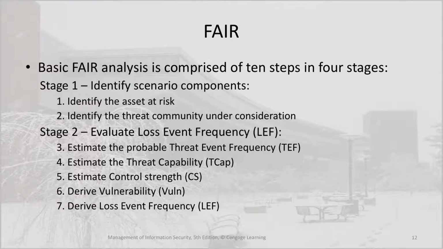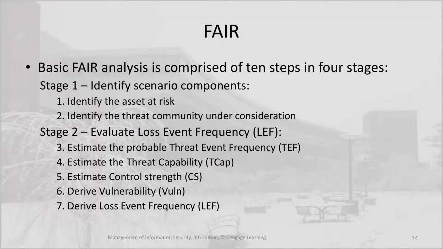Basic FAIR analysis is comprised of 10 steps and 4 stages. In stage 1, you identify scenario components by identifying the asset at risk and identifying the threat community under consideration.